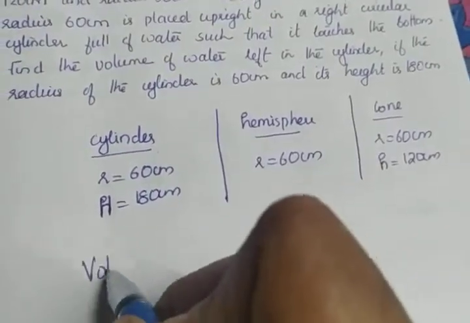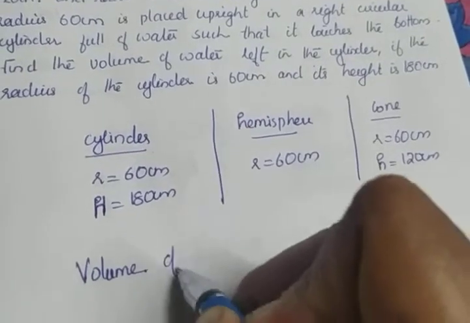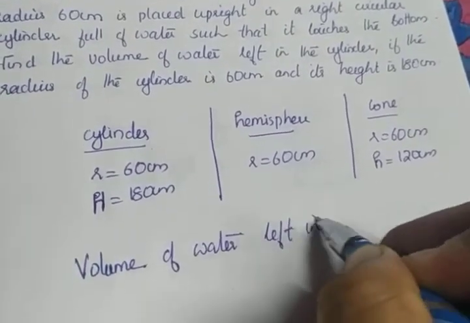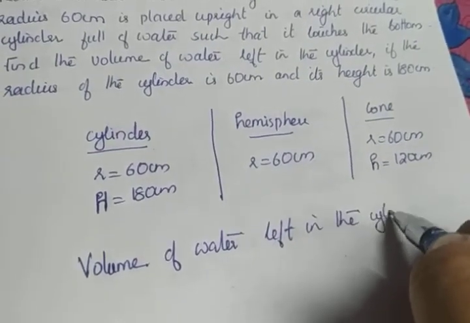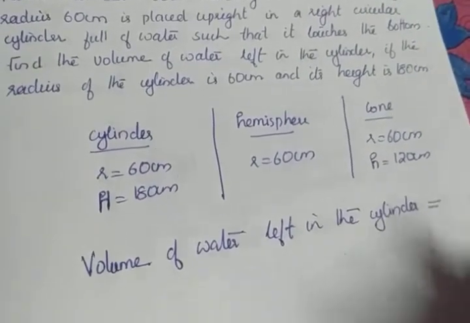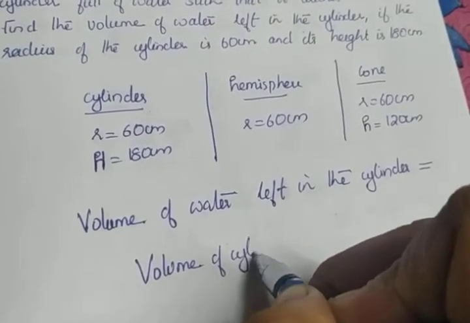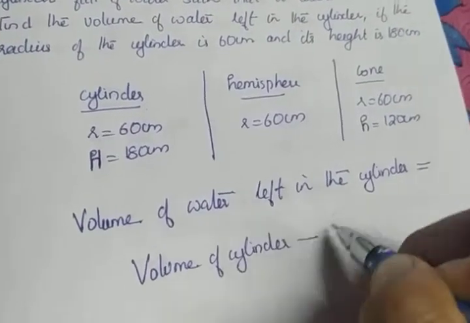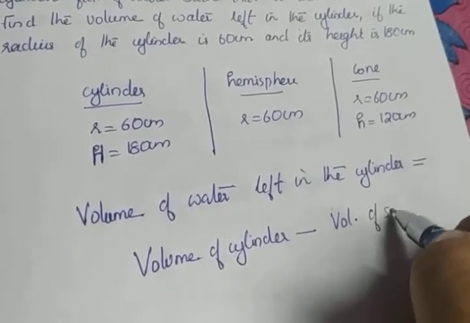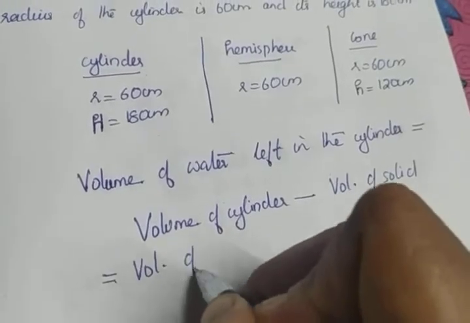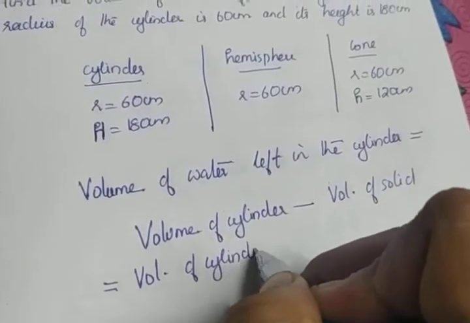We have to find the volume of water left in the cylinder. That will be equal to volume of cylinder minus volume of solid. The solid contains two shapes, isn't it?